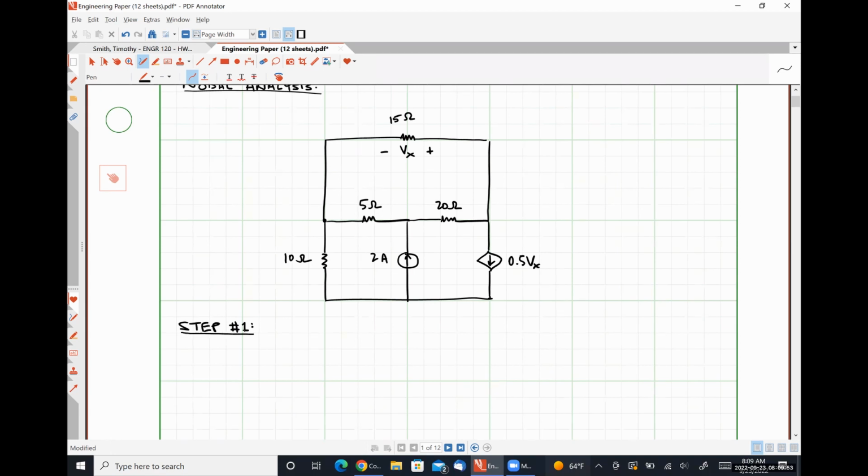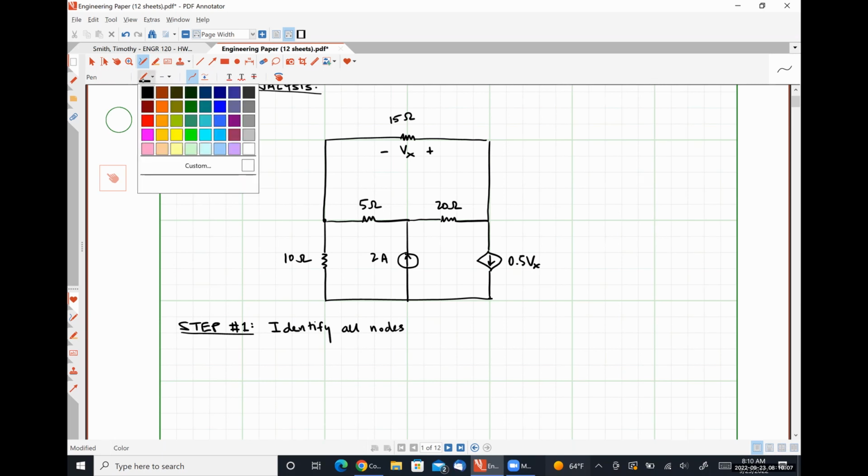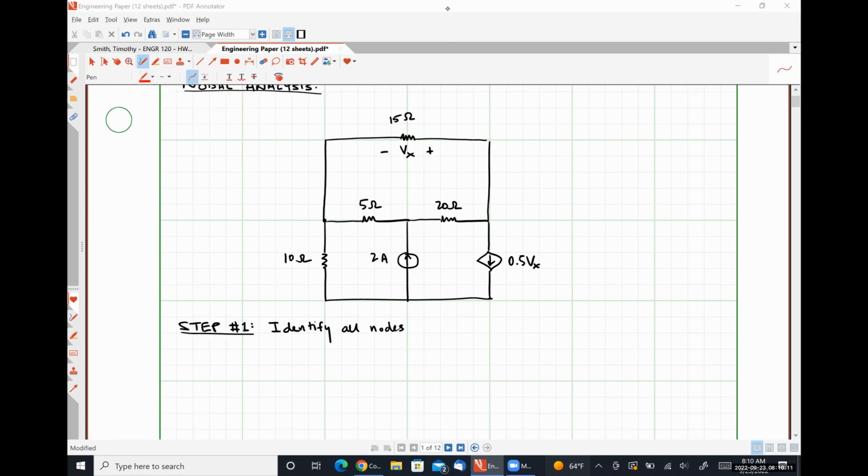is to simply identify all of our nodes. Okay, so I'm going to do that using the various different colors, exactly like I have done every other time we have identified nodes.